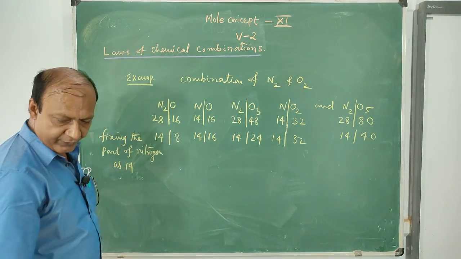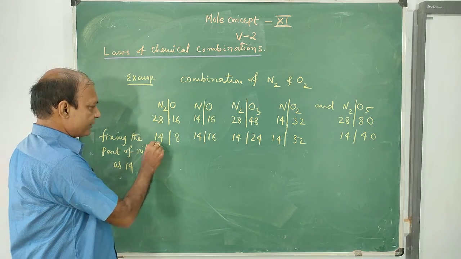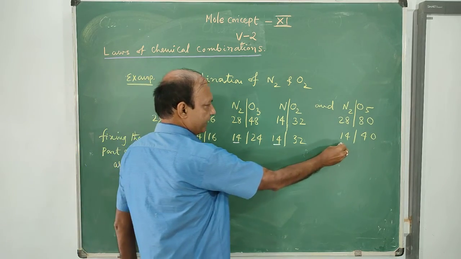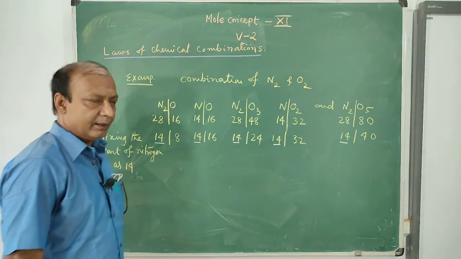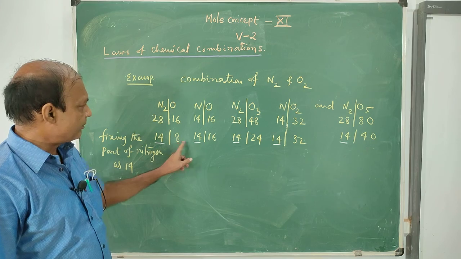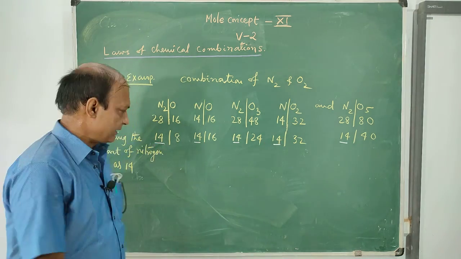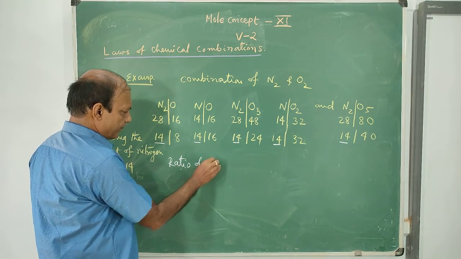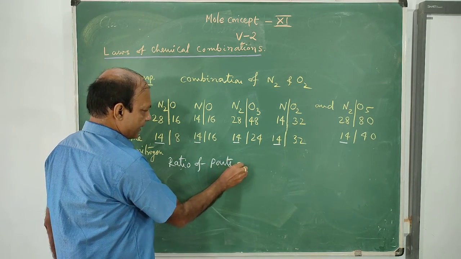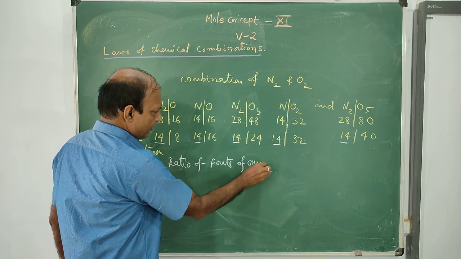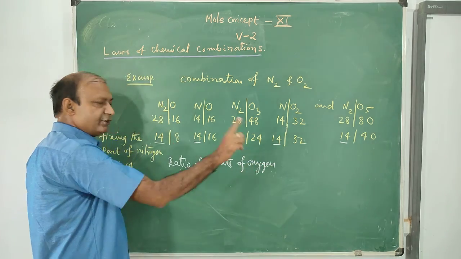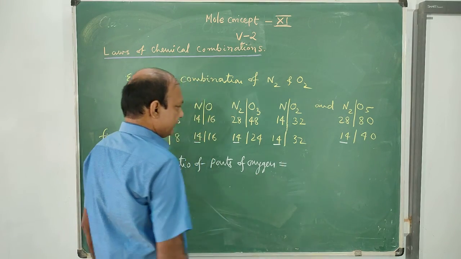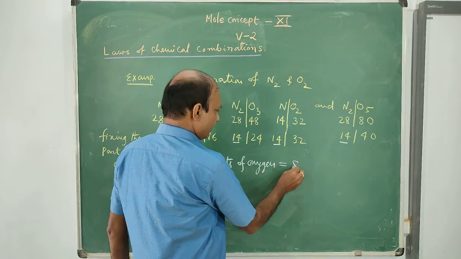Now see, fixing the part of nitrogen as 14 in all cases, 14, 14, 14, 14, 14, you see the ratio of the parts of oxygen in these oxides is 8:16:24:32:40.